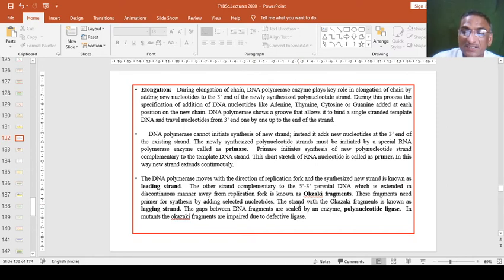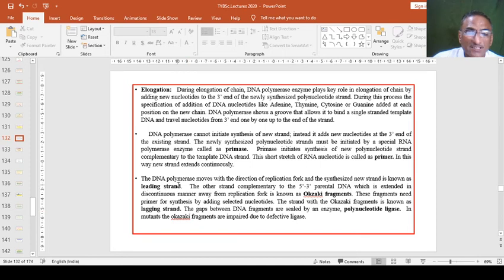These fragments need a primer for synthesis by adding selected nucleotides. The strand with the Okazaki fragments is known as the lagging strand.